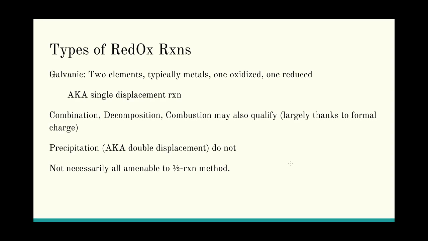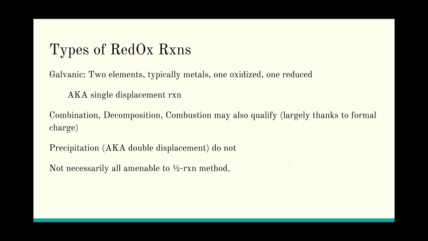Precipitation reactions, or double displacement reactions, do not involve redox. No charges are changing. All you have is two things combining that are insoluble, and so they fall out of solution, but oxidation numbers have not changed, so not redox.